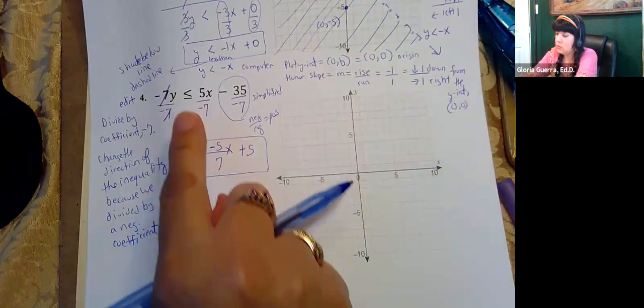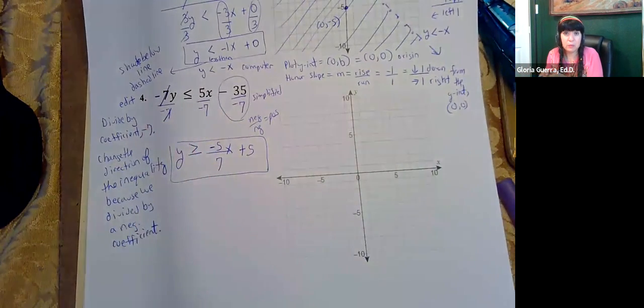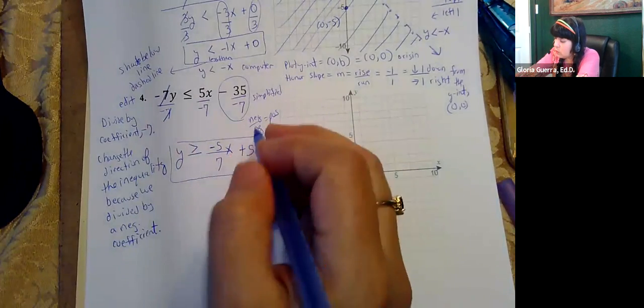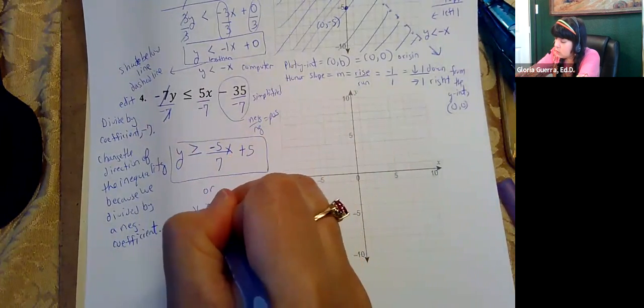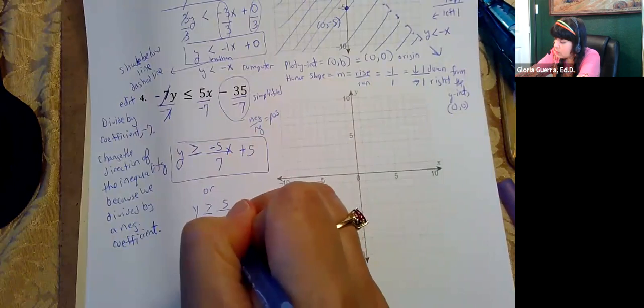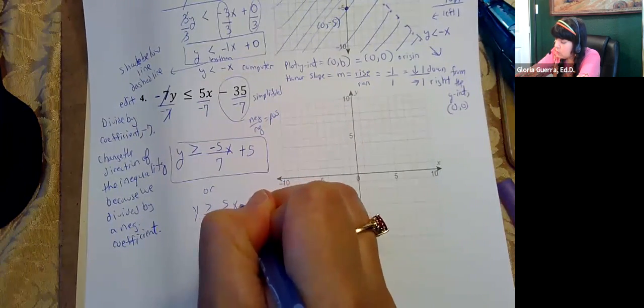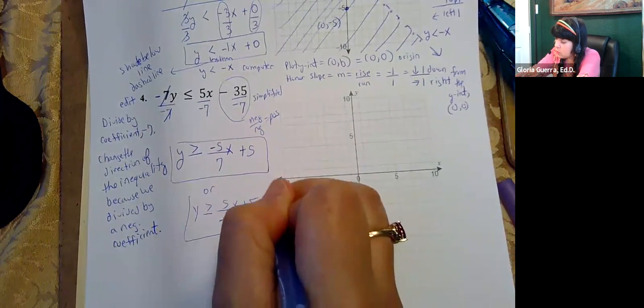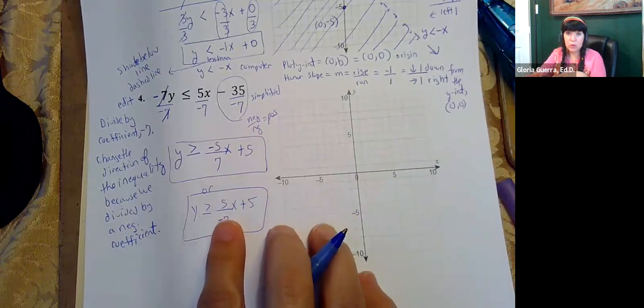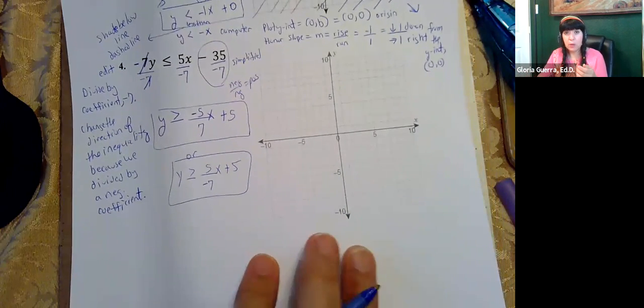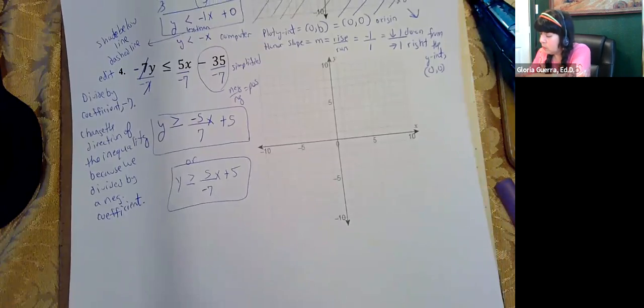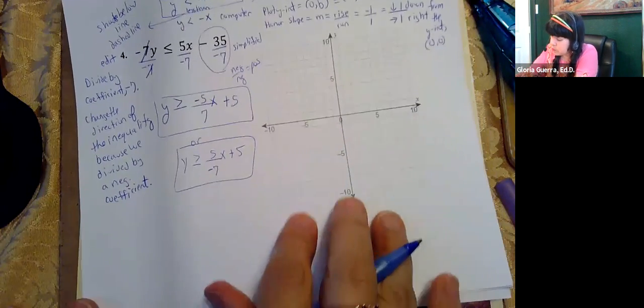So it looks like we have this now. And we had to change the direction of the inequality because we divided by -7. So you can have this, or if you want to leave the negative like this on the bottom, you could. Technically, if you wanted to do your movements, you could like this. All right, so let me use the first one.